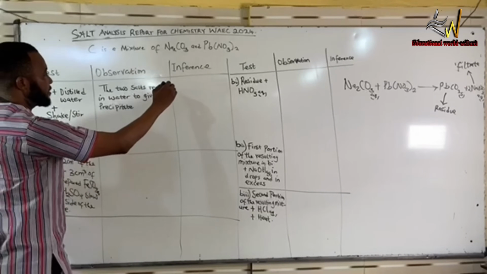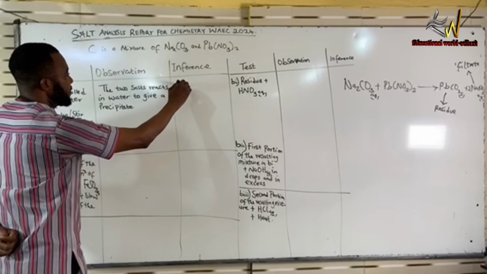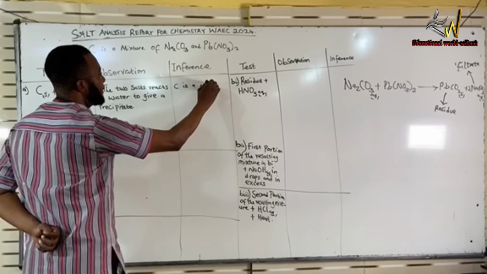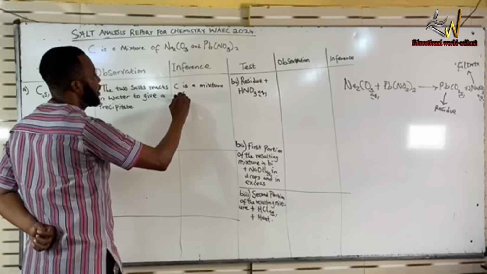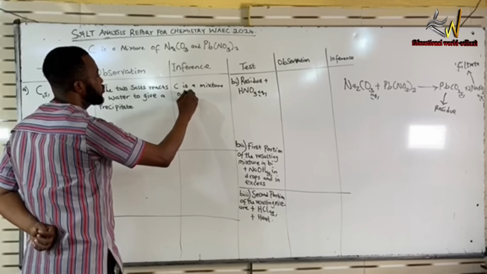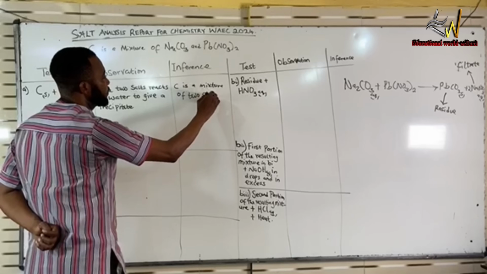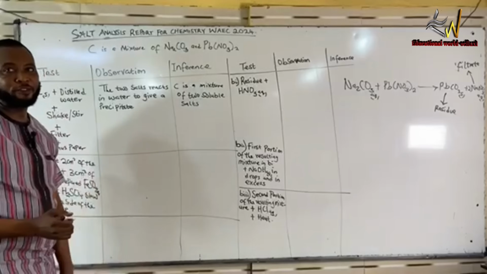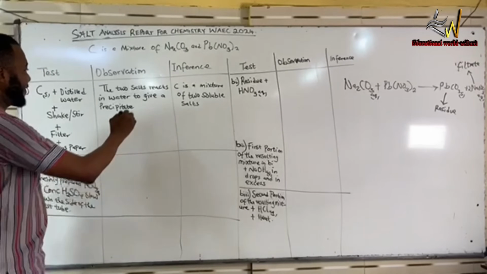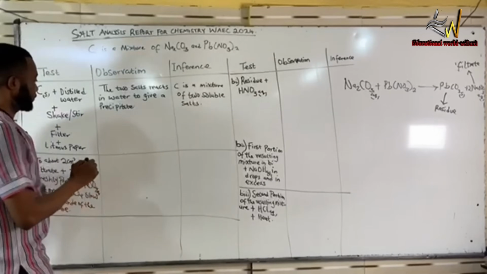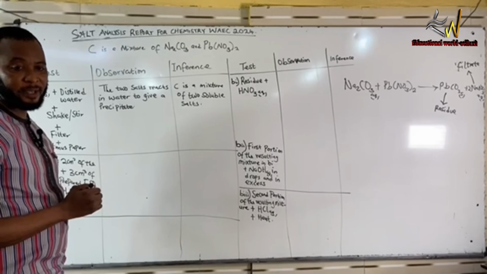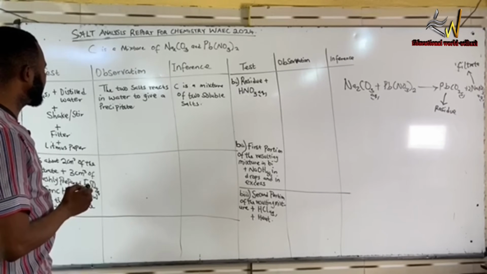Then my inference is this: C is a mixture of two soluble salts. Got it? Then, upon filtration, I will have a colorless filtrate and a white residue.